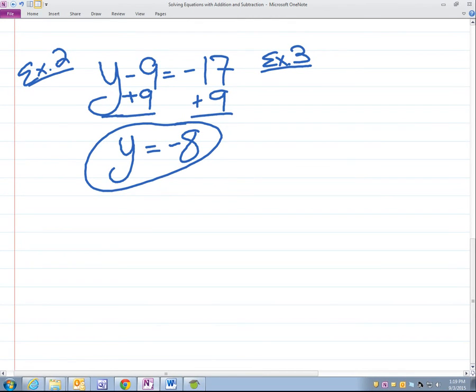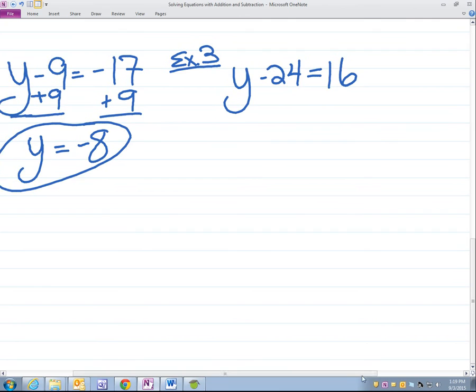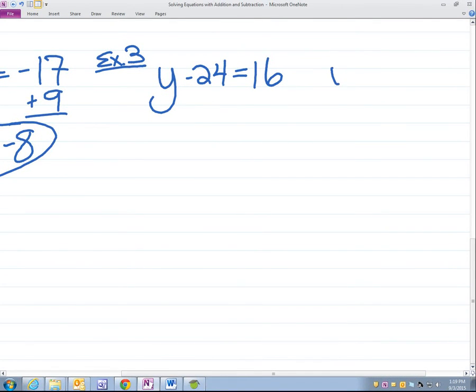Example number 3. There's 2 different ways of looking at this, and we're going to do it two different ways. There's another way of looking at that subtraction. And that is, you are correct, y plus negative 24 is equal to 16.